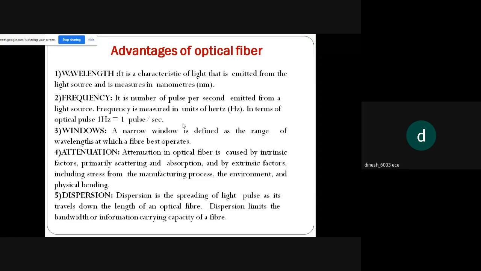So those are very, very less. Next is the dispersion. Dispersion is the spreading of the light pulse as it travels down the length of the optical fiber. The dispersion limits the bandwidth or information carrying capacity of the fiber. This dispersion is also much lesser as compared to electrical cables or metallic wires.